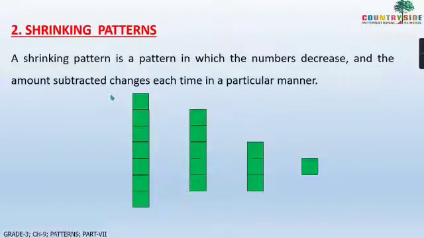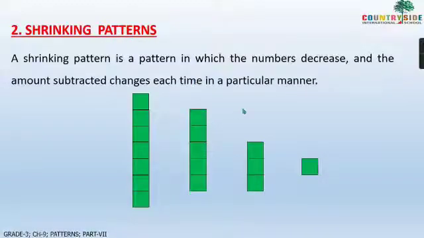Can you see here how many boxes there are? There are 7 boxes in the first group, then in the second group there are 5 boxes, then in the third group there are 3 boxes, and at last 1 box. Can you see how the pattern is decreasing? That is called a shrinking pattern.